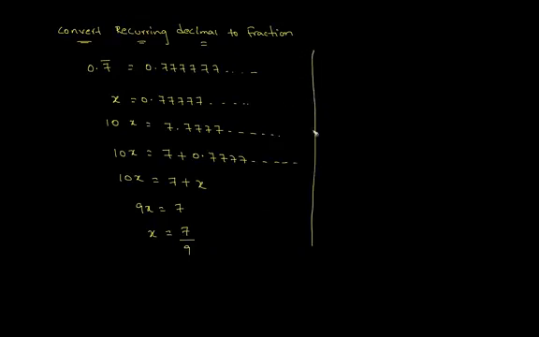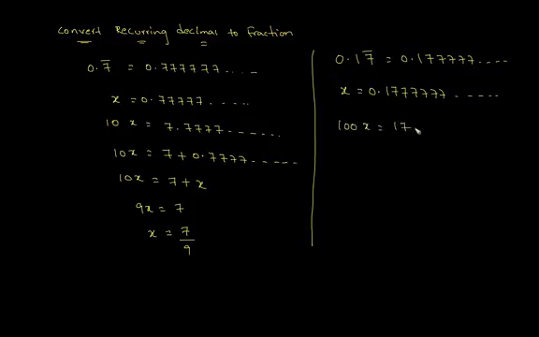We will see one more example. Now we will take 0.17 bar. This can be written as 0.177777 and so on. If I assume x equals 0.177777, then see why we multiplied by 10 before: because we had only one decimal in the bar. Now here we have two decimals, so I will multiply by 100.